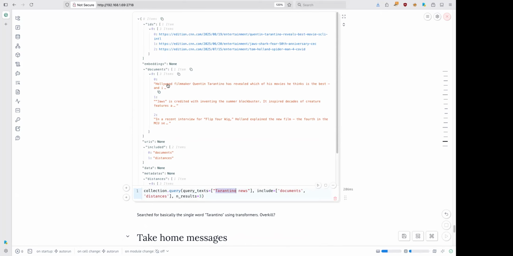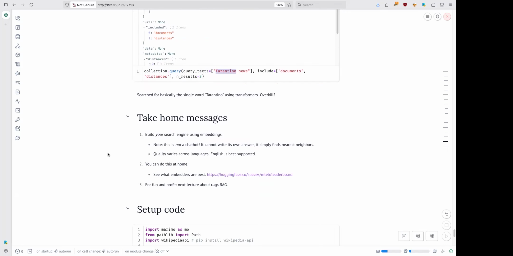So here we see that we can search for words that do indeed appear in the text just as well. And again, the last document doesn't really have much to do with Tarantino, right? So pure nonsense, but the first text is 100% hit.